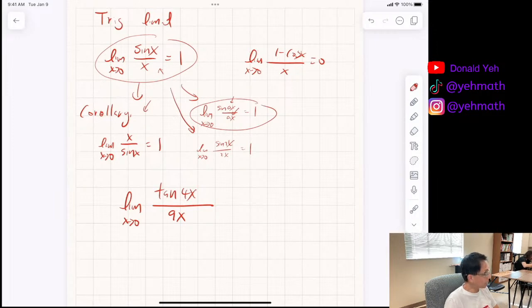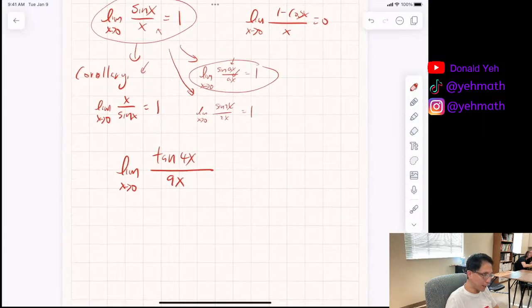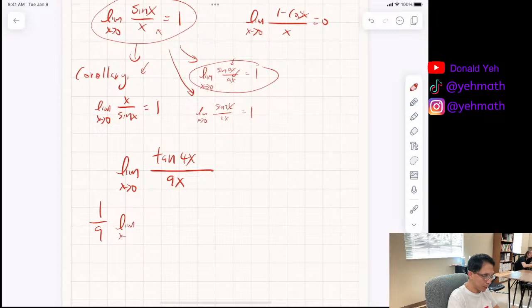One of the first things I will do is take the 9 outside the limit, because this is tan of 4x over x times 1 over 9. So I can take 1 over 9 outside the limit. I think that will make my life easier. Any constant can be taken outside the limit. That's a very easy thing to do.